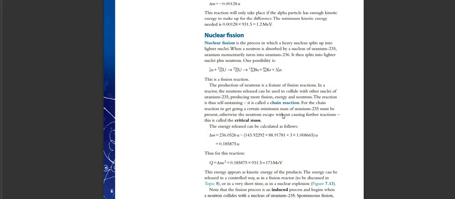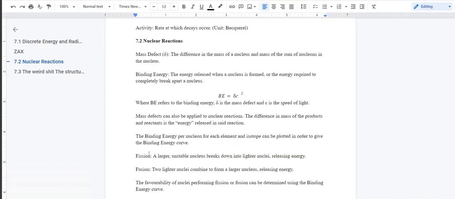And let's go and look into the two types of nuclear reactions that we have right now. The two types of nuclear reactions we have are nuclear fission and nuclear fusion. So fission is when you have a large, unstable atom that breaks down into a smaller atom or multiple smaller atoms, which are more stable.